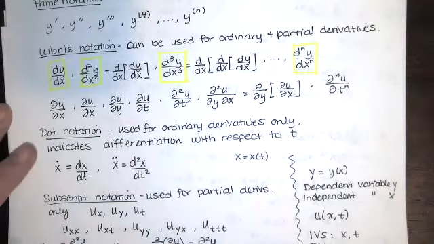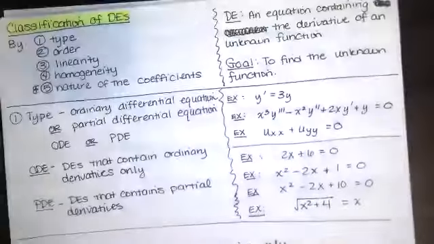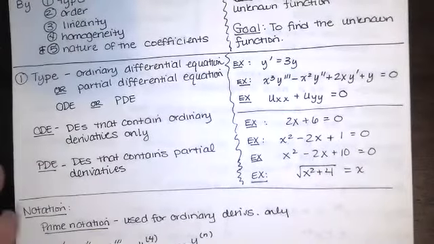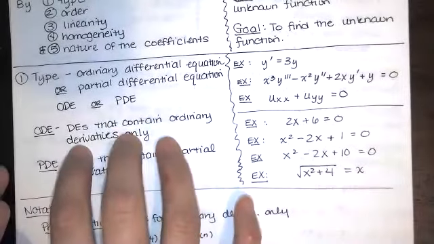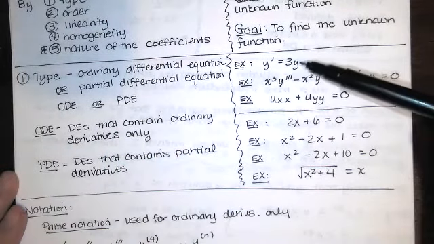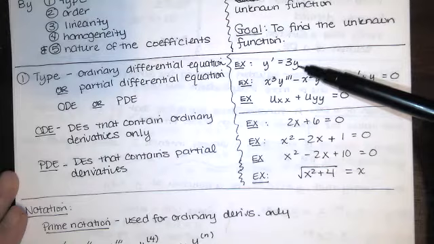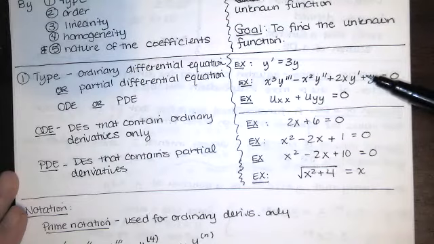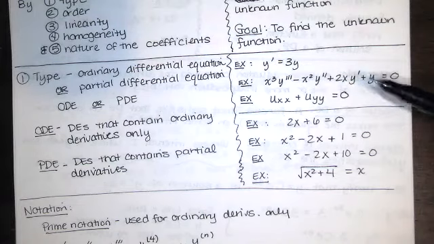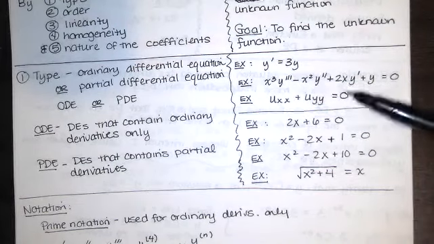And primes indicate ordinary derivatives. So we often need to classify a differential equation by type. It's either an ordinary differential equation or a partial differential equation. That's an ordinary differential equation. That one's an ordinary differential equation. The reason is that it involves primes, and that's a partial differential equation.